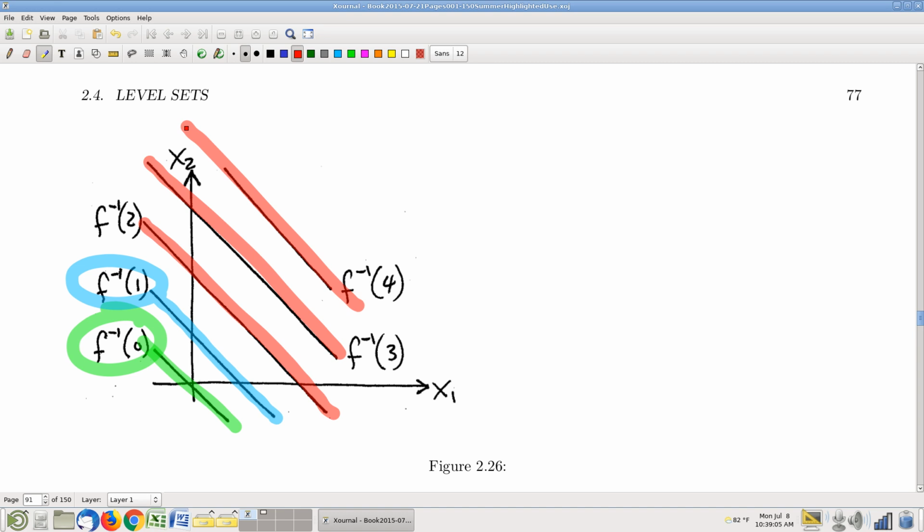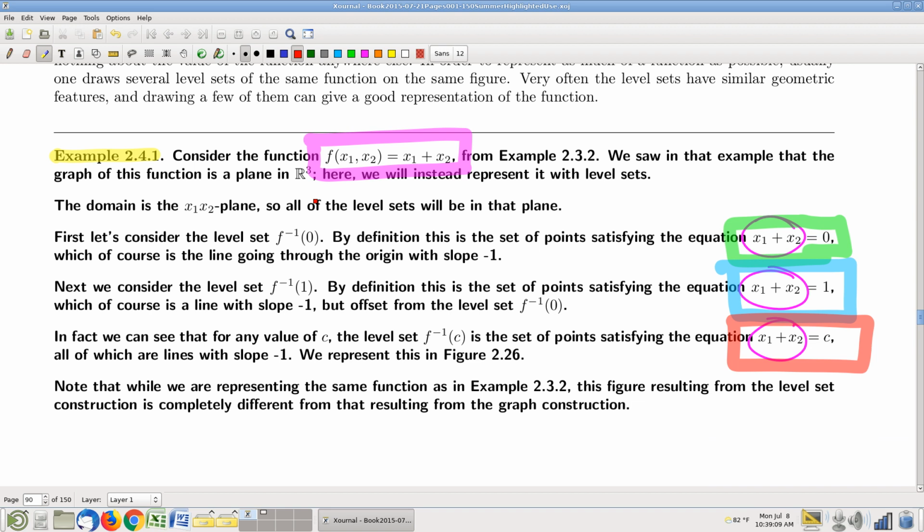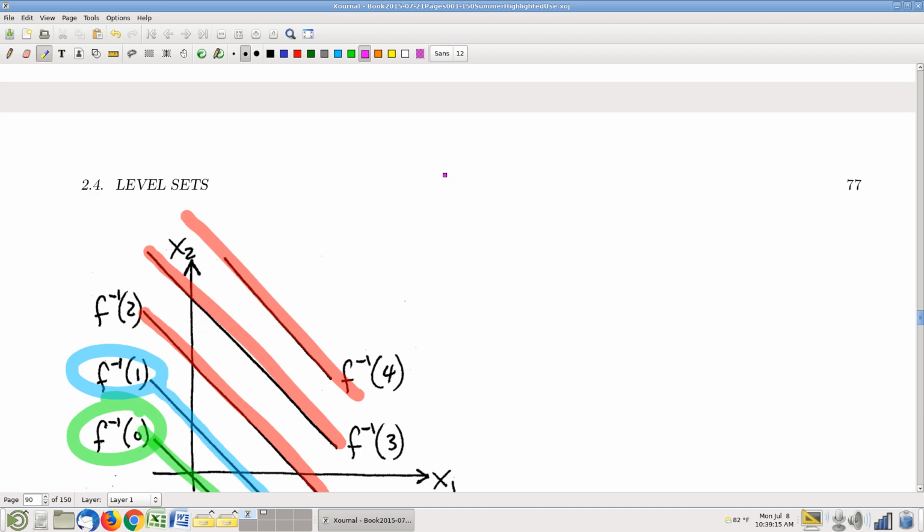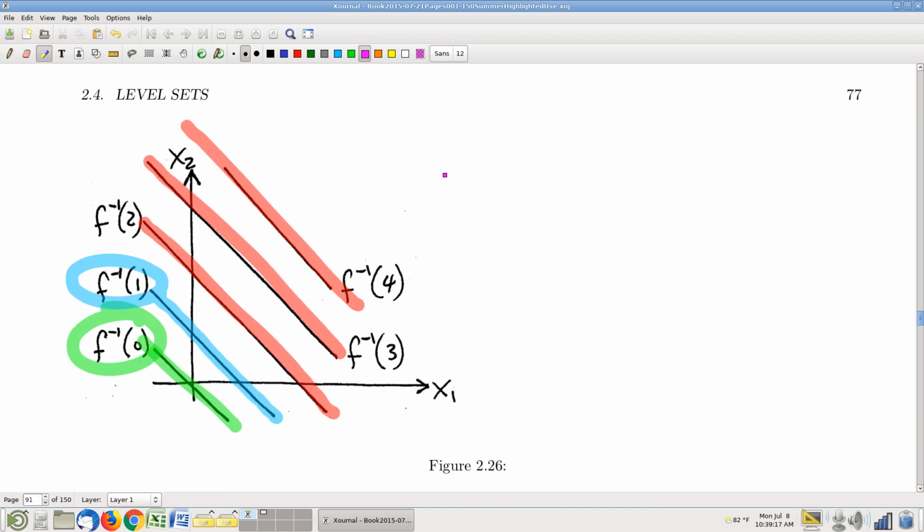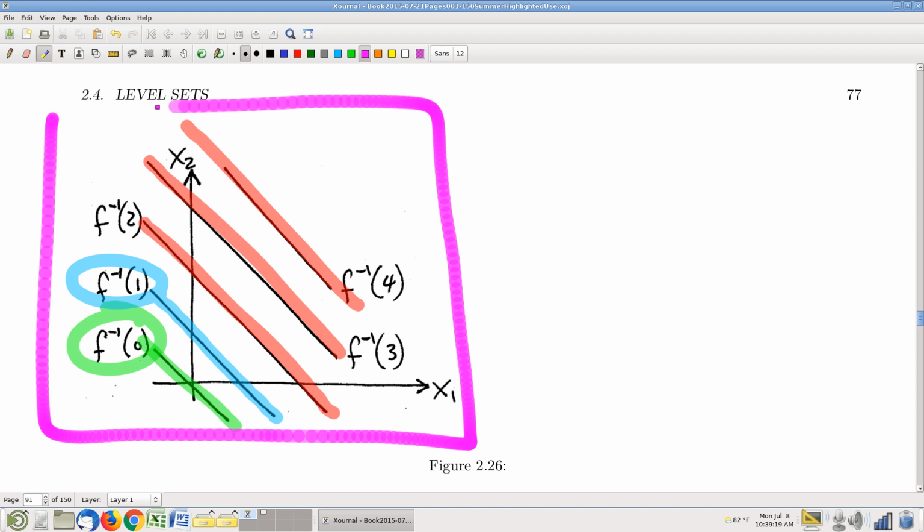So what we have here is a picture looking back at our function. The graph was a plane. The level sets are a bunch of lines. It's a very different picture, right? It's not a plane, for one thing. It doesn't even live in R3.